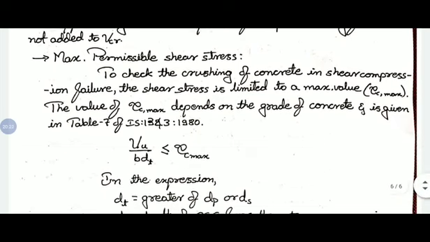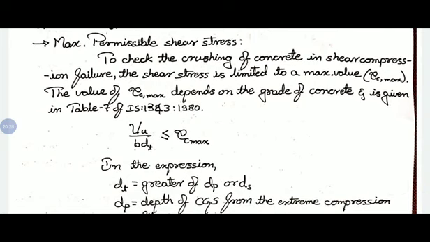Maximum permissible pre-stress: to check crushing of concrete in shear compression failure, the shear stress is limited to a maximum value of tau c, so tau c max. The maximum value of tau c depends on the grade of concrete and is given in table number 7. Vu by bdt should be less than or equal to tau c max. So the shear stress coming on the section, which we are going to calculate, that is Vu by bd, should be less than the maximum shear stress as given in table number 7 of IS 1343.